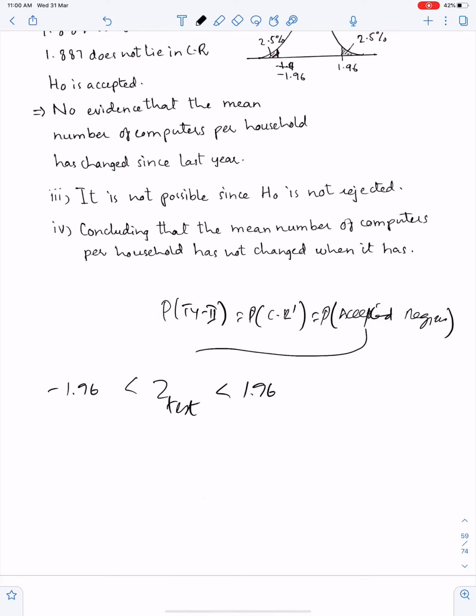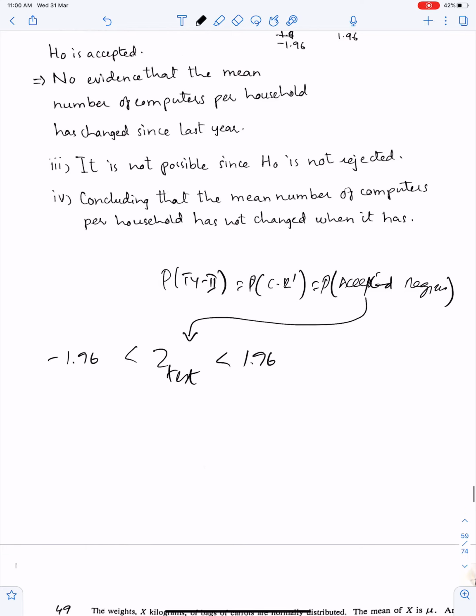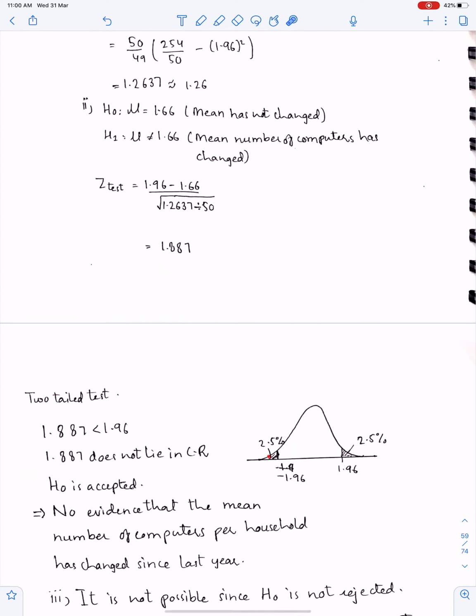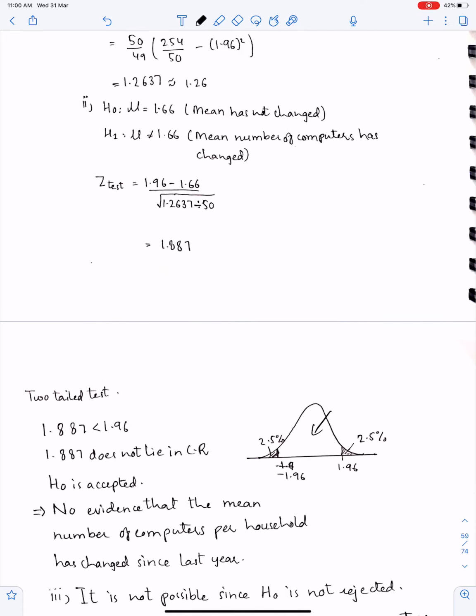This is the accepted region. This is the critical region. So this is the accepted. This is the region for type 2.